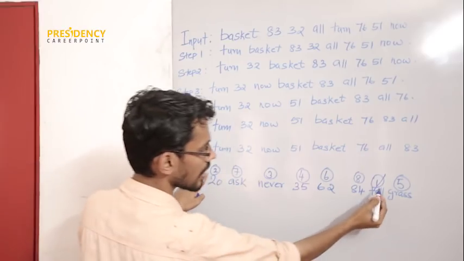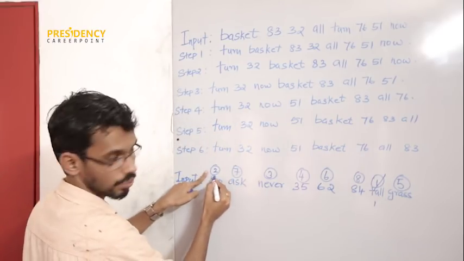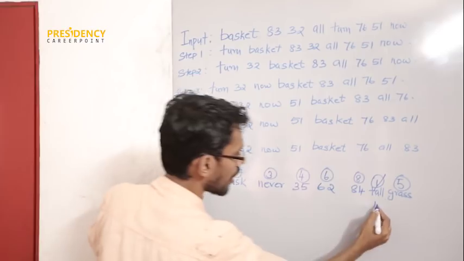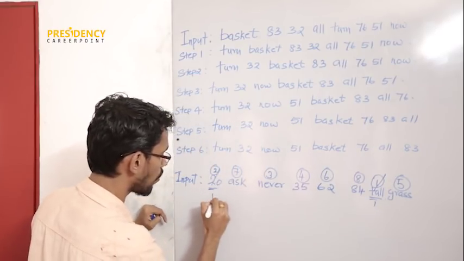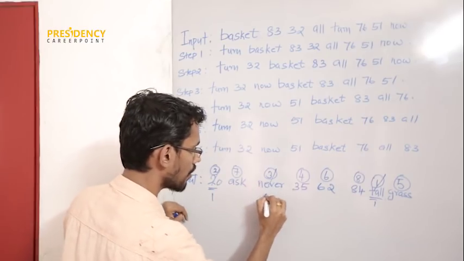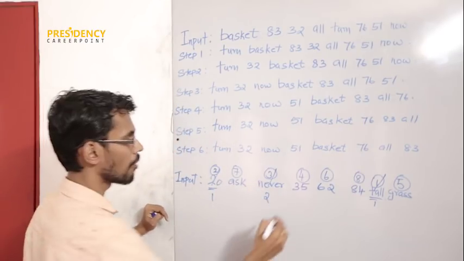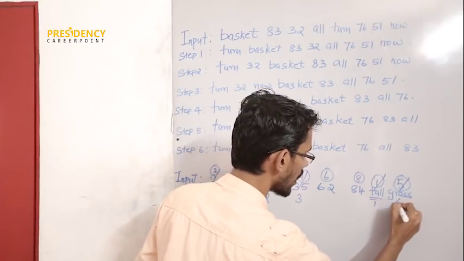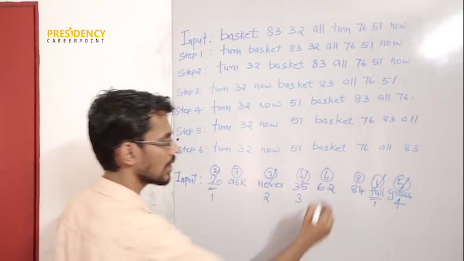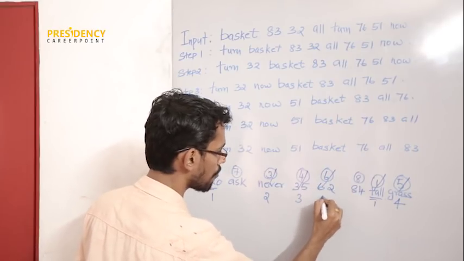That means you can see here number 1 and here number 2. This element is following this one. So we are putting the same step number here, 1. Now for 3 we are putting step number 2, for number 4 step number 3, for number 5 step number 4, for number 6 step number 5.